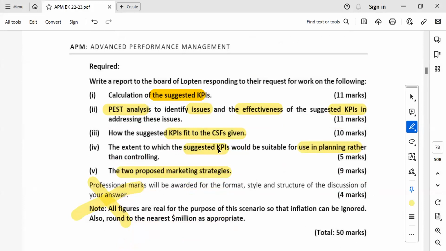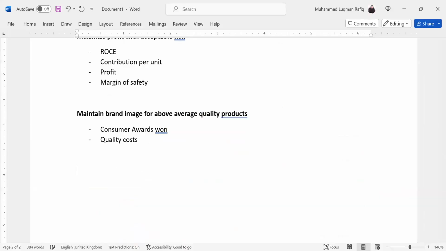The extent to which the suggested KPIs would be suitable for use in planning rather than controlling. Now, let me just talk about this, the planning and the controlling CSFs. Just try to understand what we mean by planning and controlling. Generally, in the examination you might come up with terminologies you don't understand.